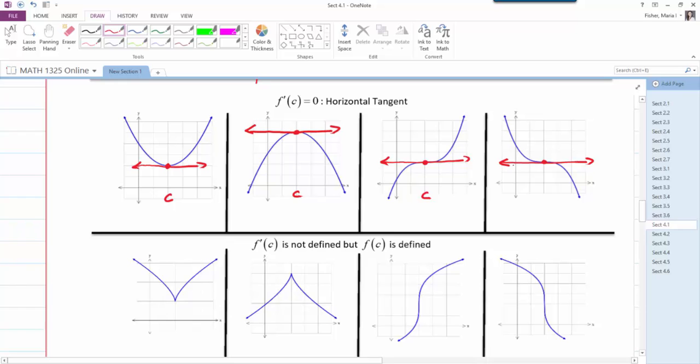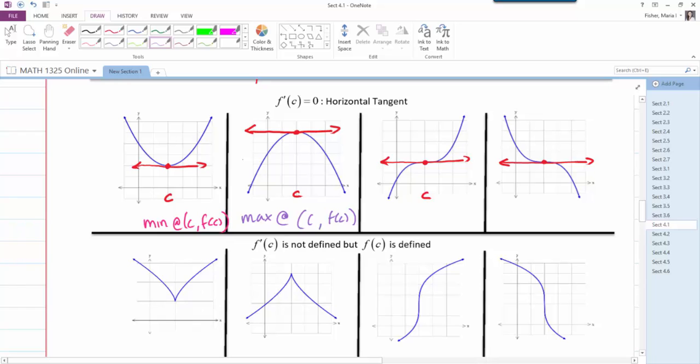Now notice, you can have minimum and maximum values. This is a minimum value because it went from decreasing to increasing, and here you have a maximum value because you went from increasing to decreasing.